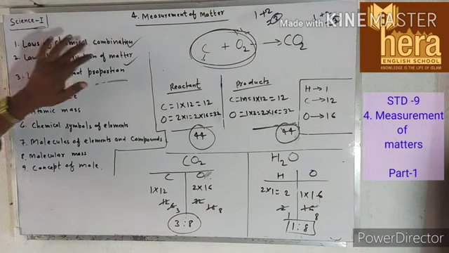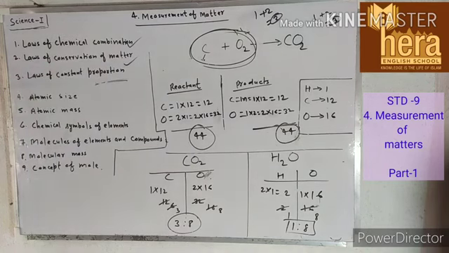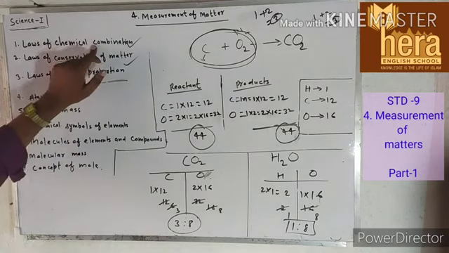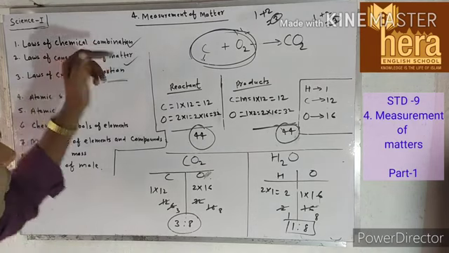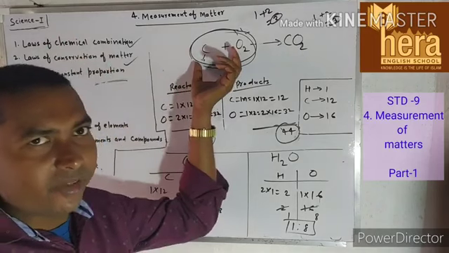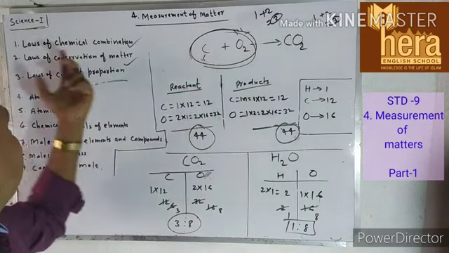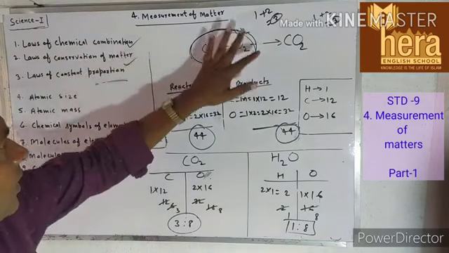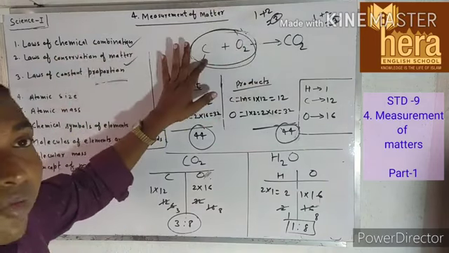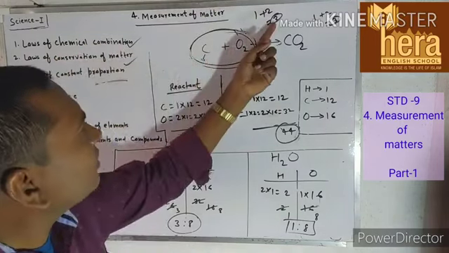So this is related to the total number of atoms present in the reactant side and product side. In the reactant side, the total number of atoms is equal to how much? 3.